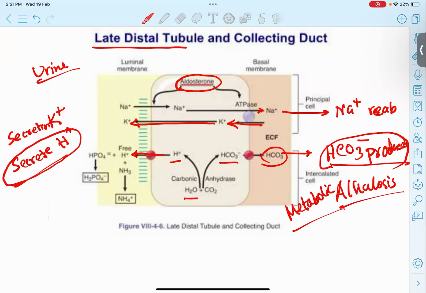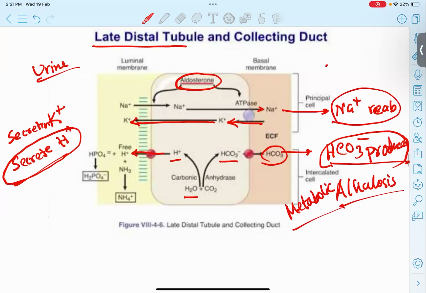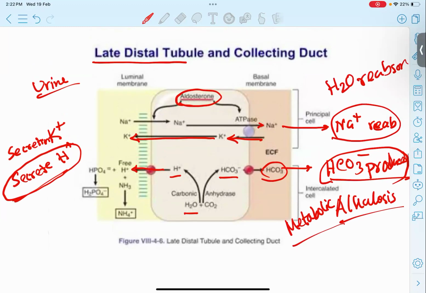Next is water. Since we are reabsorbing sodium, and whenever sodium goes, it carries water along with it, there is going to be water reabsorption as well. So this is all about the function of aldosterone in the late distal tubule, mainly in the collecting tubule. The function of aldosterone is to reabsorb sodium, number one.